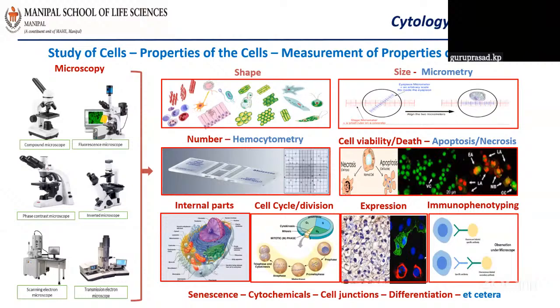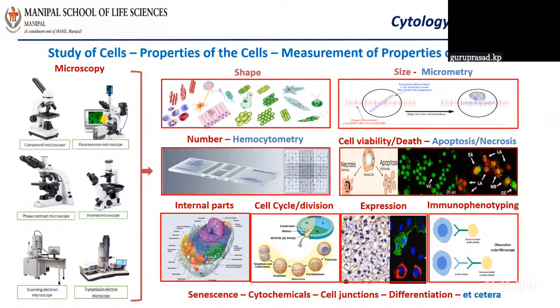And again, the shape of the cell. For example, in sickle cell anemia, generally the RBC shape is a circular biconcave shape. In sickle cell anemia, what is the shape of the RBC? The RBC shape is changed. So in other words, shape is also a property of a cell, and that is also looked into whenever you are measuring.